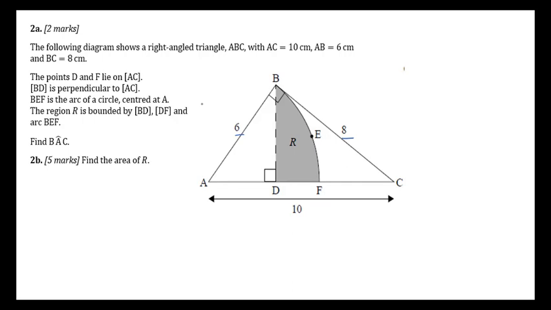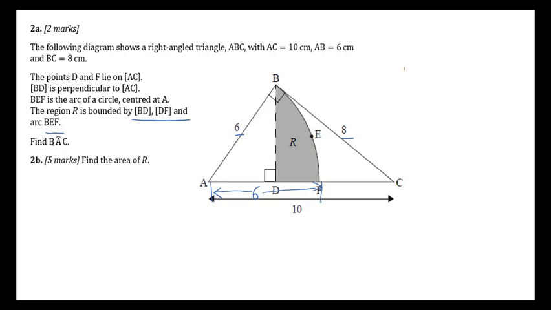BEF is the arc of a circle centered at A. In other words, we have AF equals 6, because this is a circle. The region R is bounded by BD, DF, and the arc BEF.